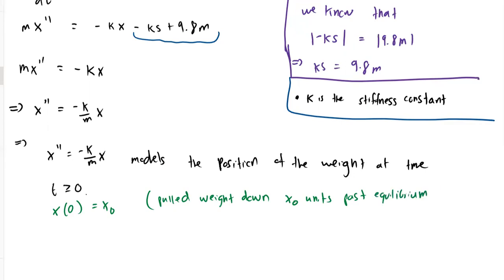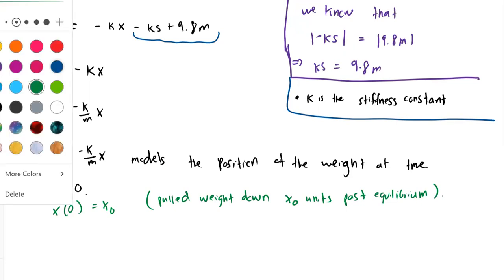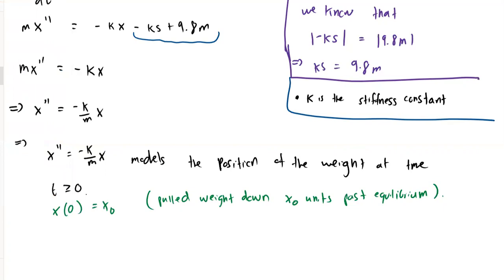And then for initial velocity, similarly to how we did it in the rock case, if we just let go, the initial velocity is 0. However, if instead of just letting go, we push it up or pull it down with some initial velocity, then the initial velocity will not be 0. In general, we would have some initial velocity at time equals 0. For now, let me just call it x1.